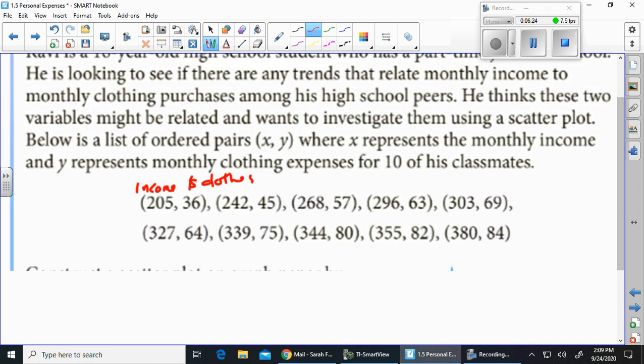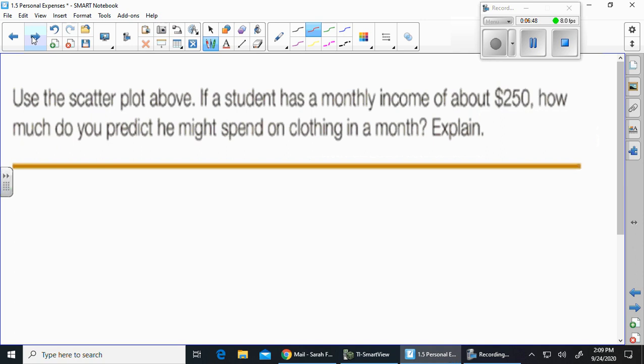So, you can look at, does income, as it gets bigger, do people spend more money on clothes? Well, you would think that the more money you have, possibly the more you would spend. So you could make a scatter plot of that data.